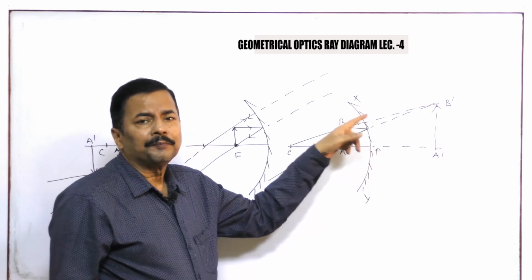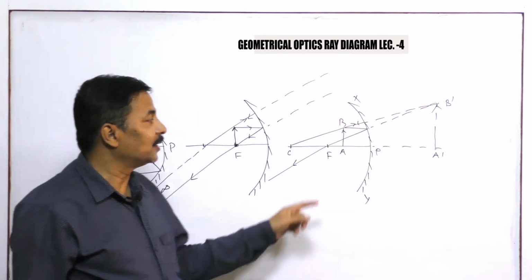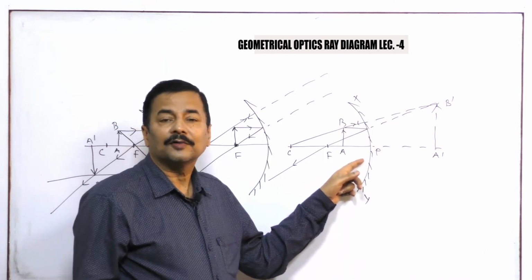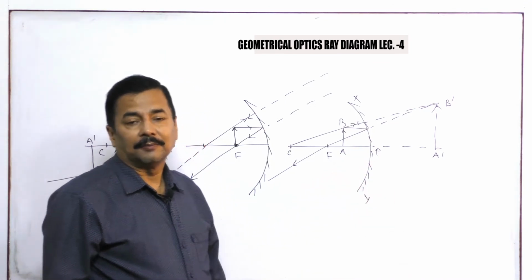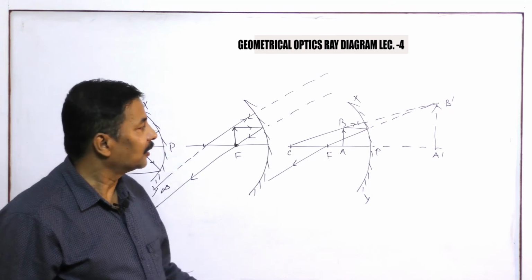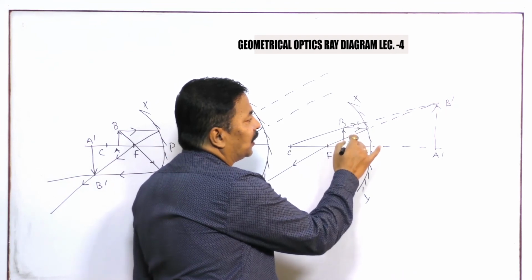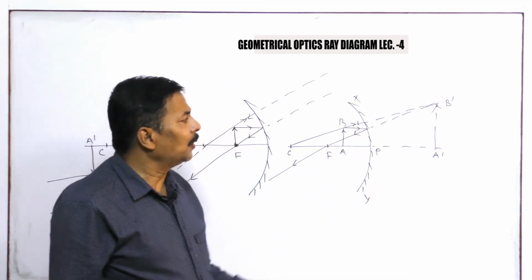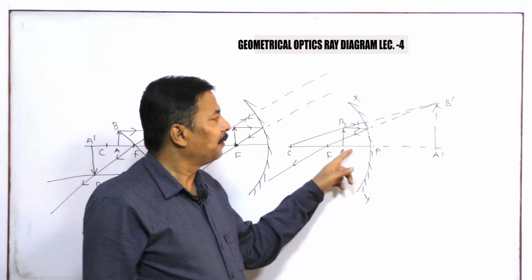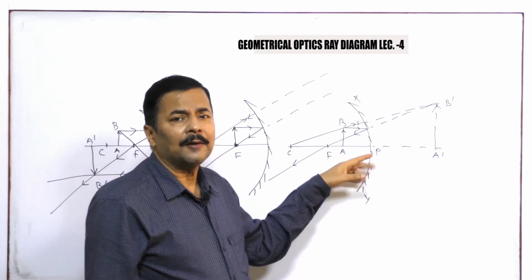This property of concave mirror is used by the dentist. The dentist uses this mirror for seeing problems of the teeth, some decay in the teeth and other things. Also the shaving mirror is this concave mirror. We utilize this property of concave mirror as the shaving mirror.